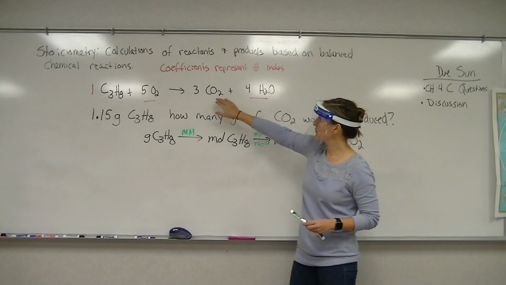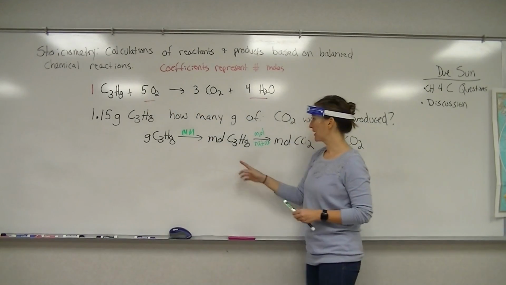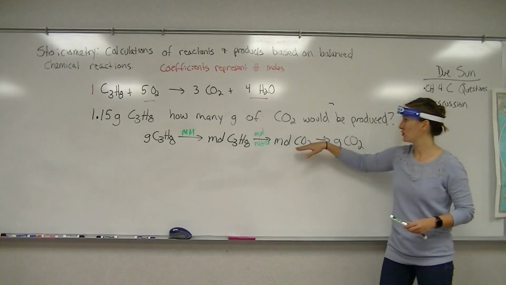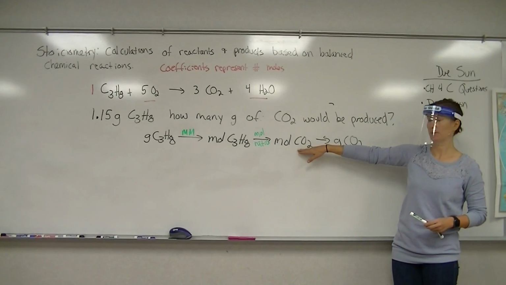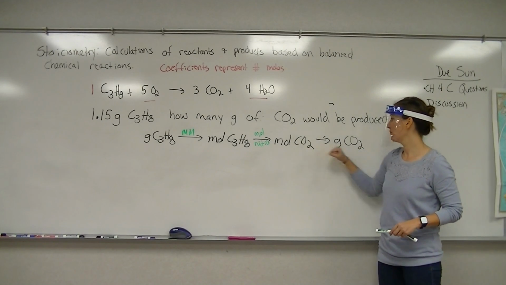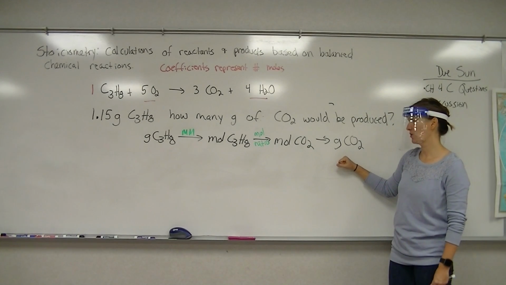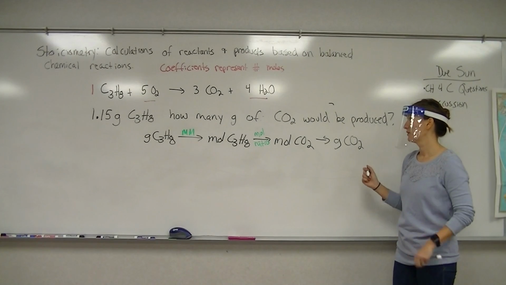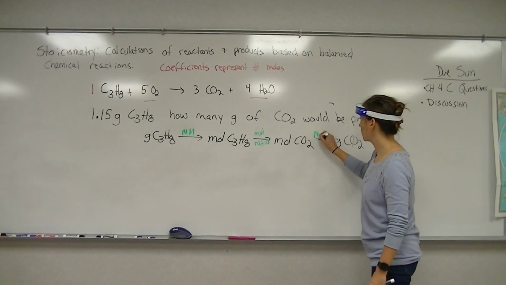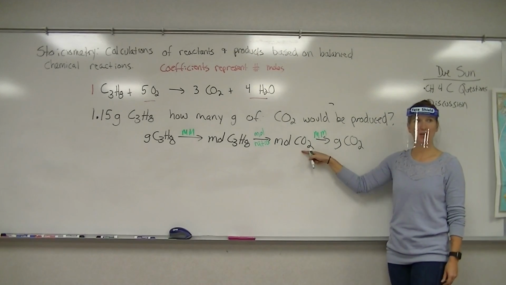Since these coefficients represent the number of moles, we'll be comparing the coefficient in front of C3H8 to the coefficient in front of CO2. Last step, going between moles and grams. So what do we need to go between moles and grams? Molar mass again. Okay, but it's molar mass of a different compound. Now we're talking about CO2.